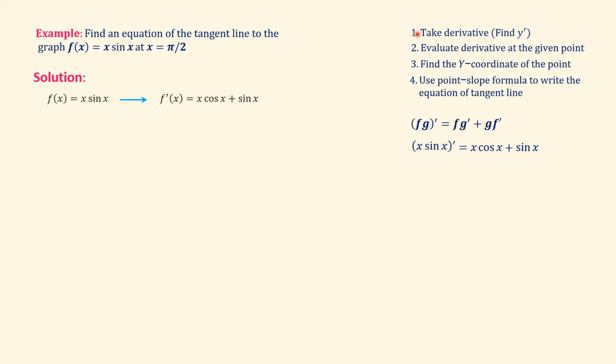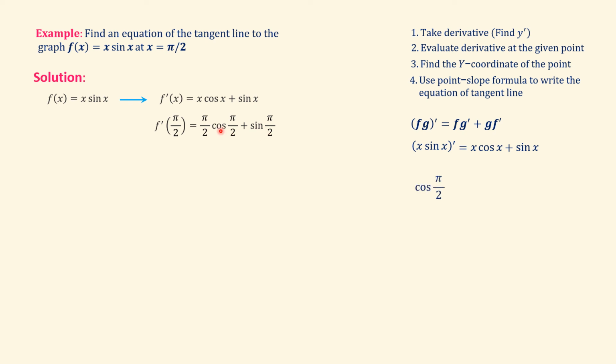After we find the derivative of the given function, we have to evaluate this derivative at this point. We have to plug in pi over 2 for x. If we plug in pi over 2 for x, we have f prime of pi over 2 is pi over 2 cosine of pi over 2 plus sine of pi over 2.